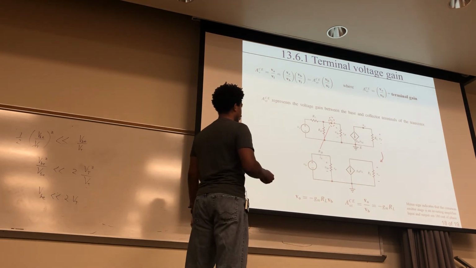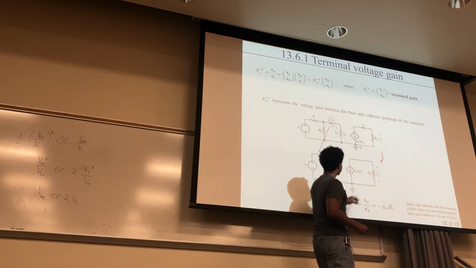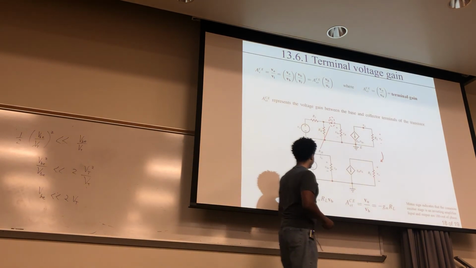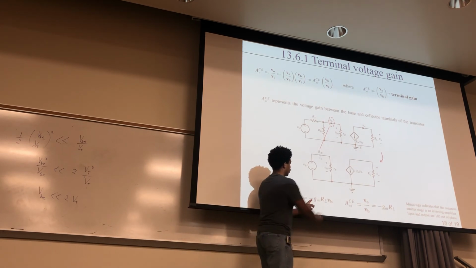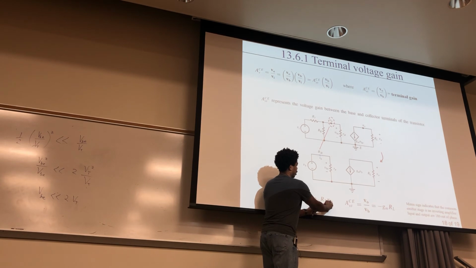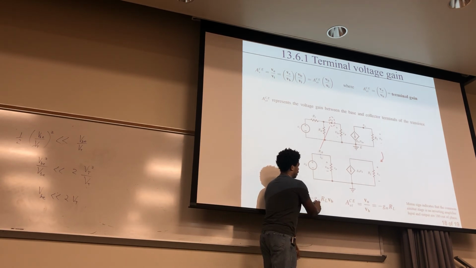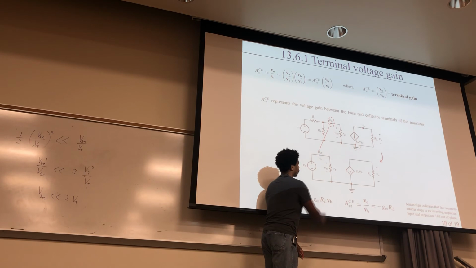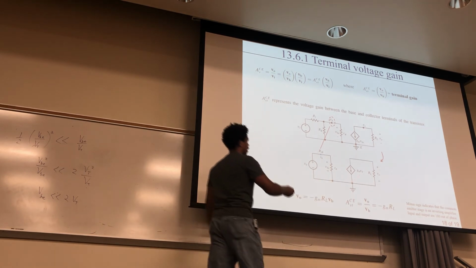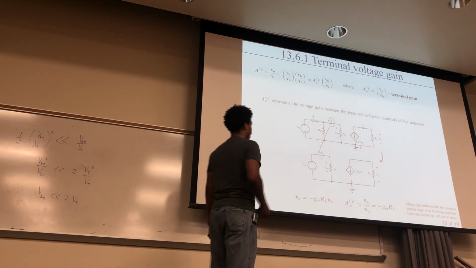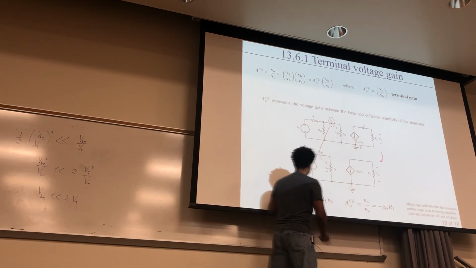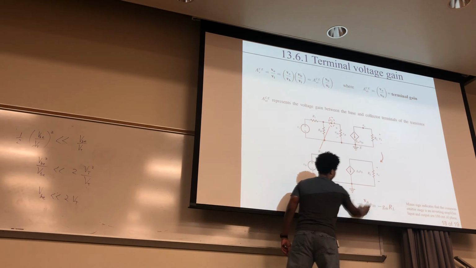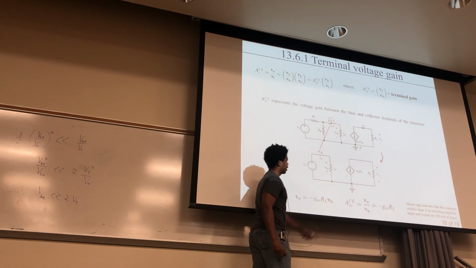Okay? So if you look at your V out right here, you have your RL times your current. And your current is your conductance times VB right here. That's what this is. And then, since you know that this is V out over VB, you just take this, plug it in here, and then the two VBs cancel out, and then you're left with this.